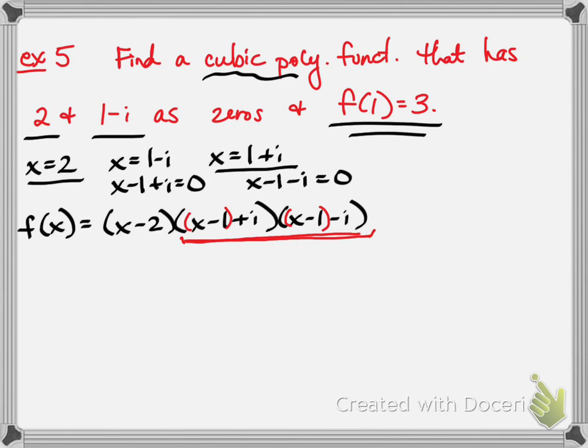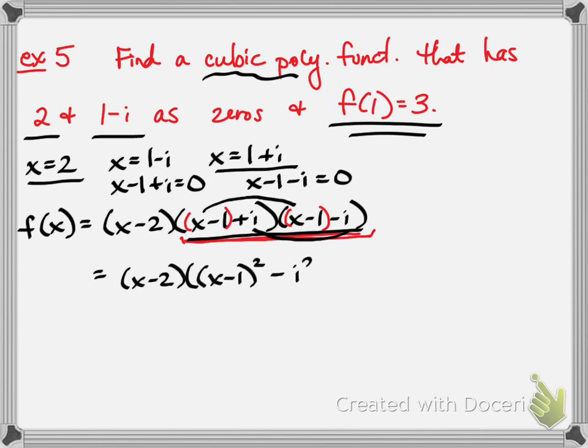So I'm going to start out just rewriting x minus 2 because I want to multiply these two together first. So all I have to do is a squared minus b squared. So when we do that, we're going to have x minus 1 squared minus i squared. Just rewrite x minus 2.